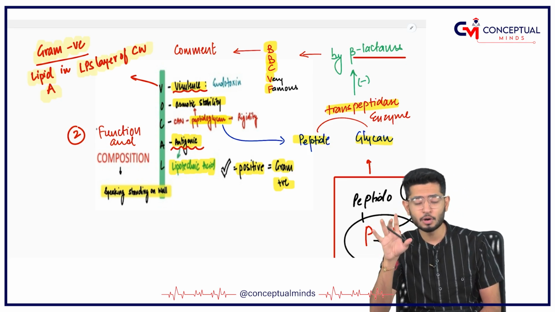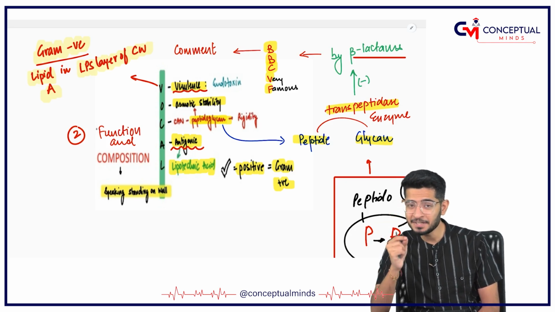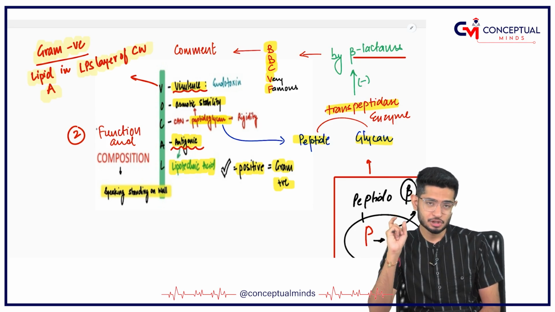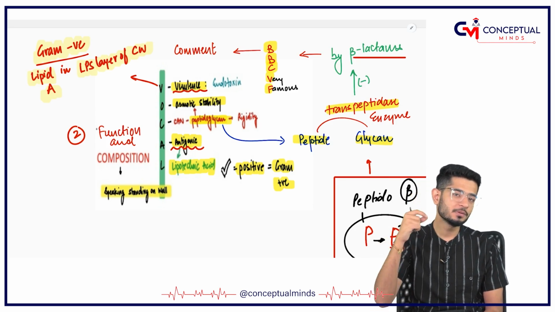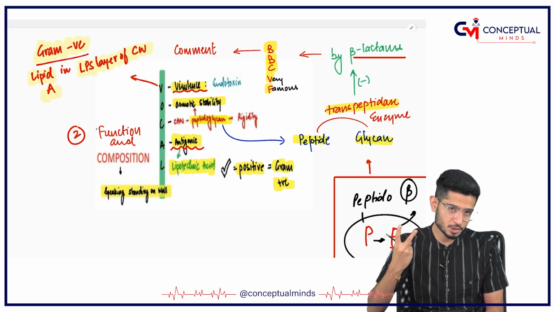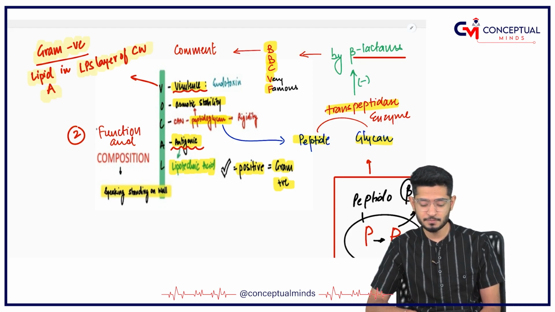O for osmotic stability. C for CAN, that is peptidoglycan, responsible for giving the rigidity, and A is antigenicity. Antigenicity means antibody generation. So, the cell wall is responsible for antibody generation. The cell wall is responsible for generation of toxins, that is responsible for giving the virulence to the bacteria.